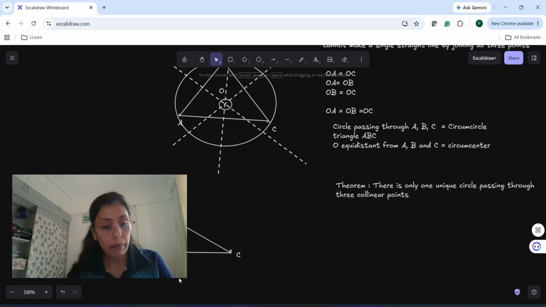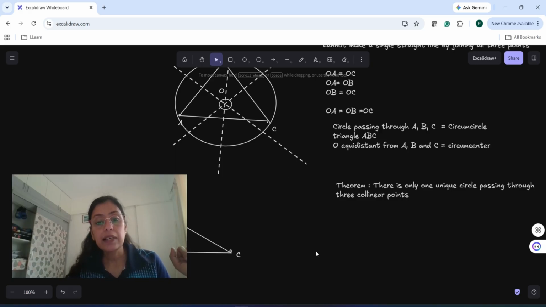Draw perpendicular bisectors for AC, AB, and BC. See where they join, and the point at the intersection of these three perpendicular bisectors is the circumcenter. From that circumcenter, with radius OA or OB or OC, which will all be the same, draw a circle.